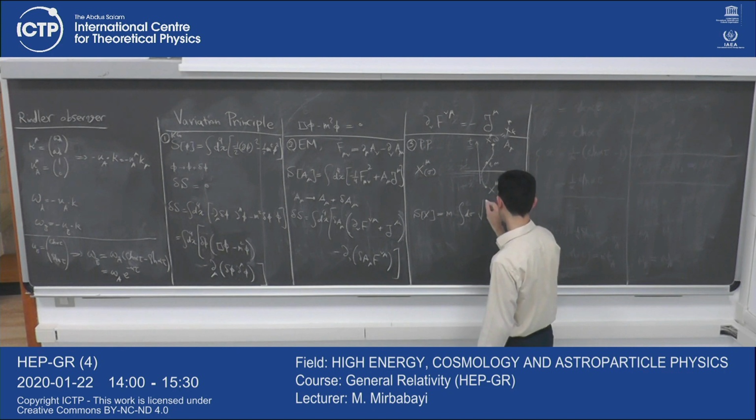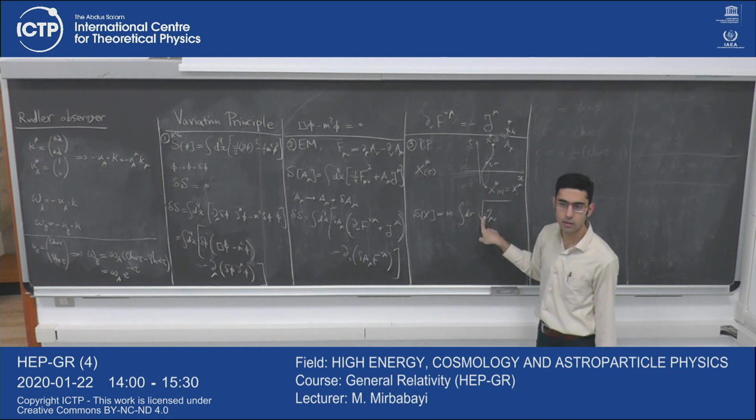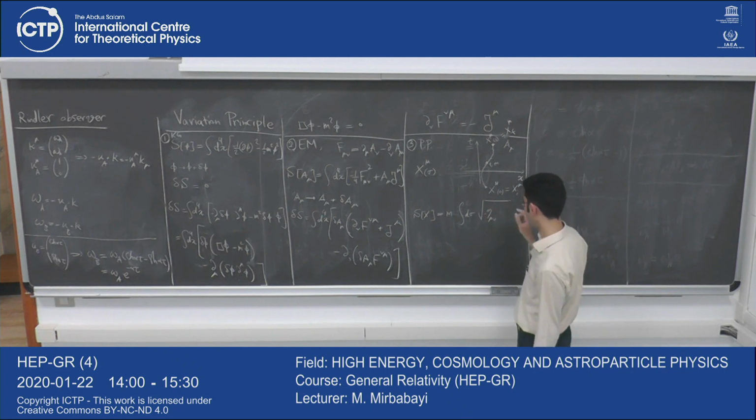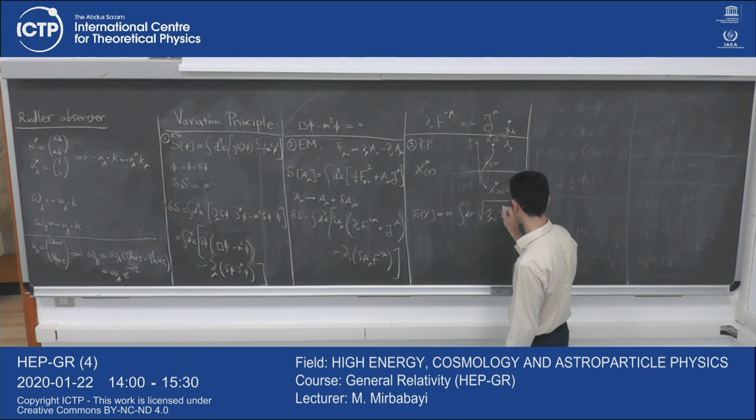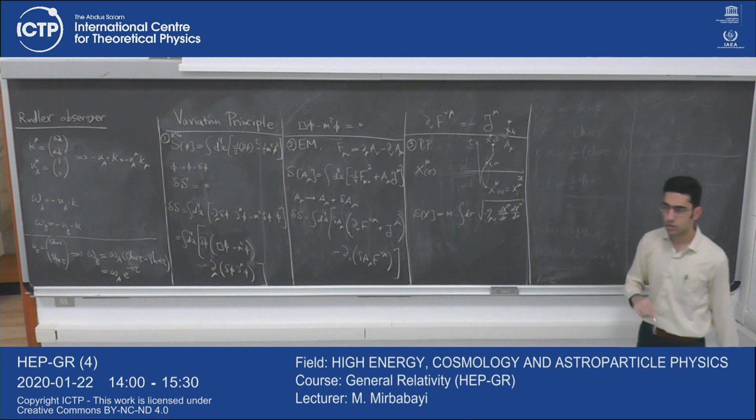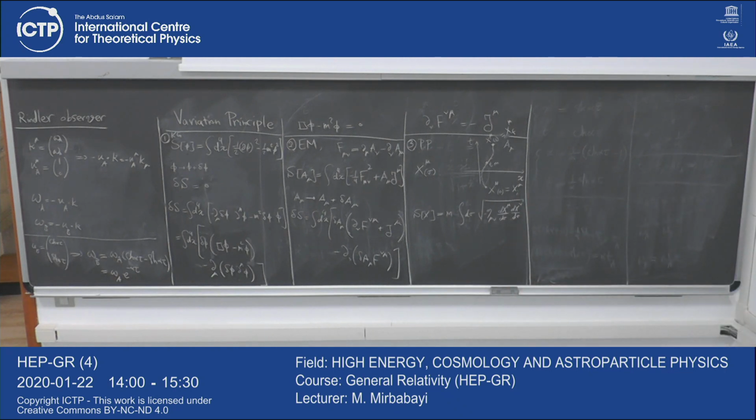So what do we get? We get an integral over sigma of minus eta mu nu, and we have minus because this is a time-like curve, and I choose a mostly plus signature for the metric. So I will have this dX mu d sigma, dX nu d sigma. So this gives me the proper length of the curve.